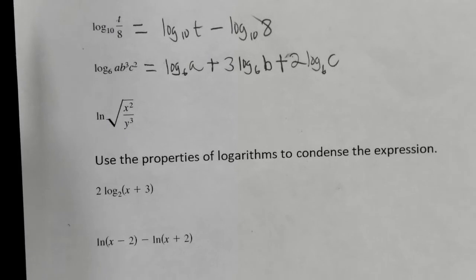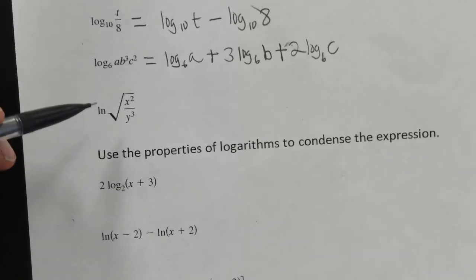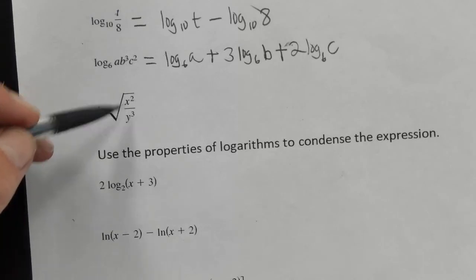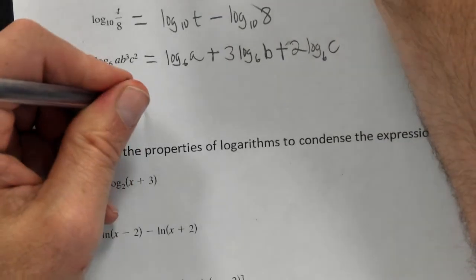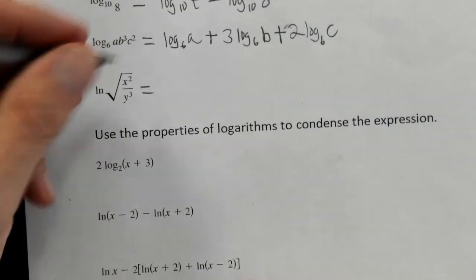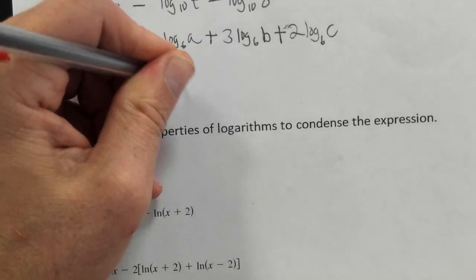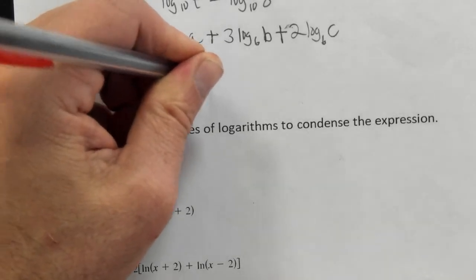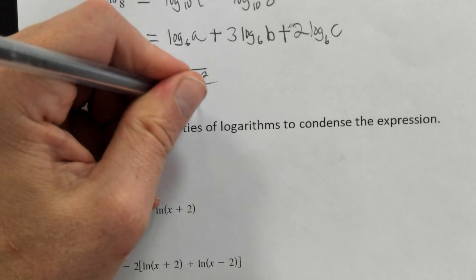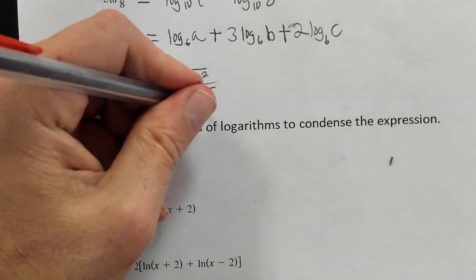And so the next one that we're looking at now is one where we have the natural log of the square root of a quotient. Now what we're going to do is rewrite that square root as an exponent. The first way we'll rewrite it is the natural log of the square root of x squared over the square root of y to the third.